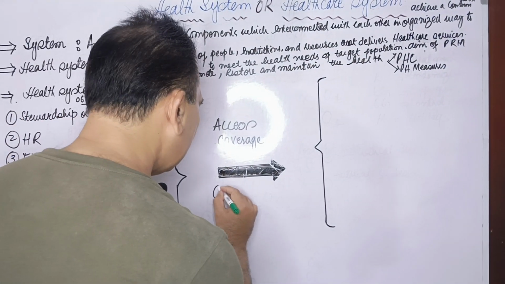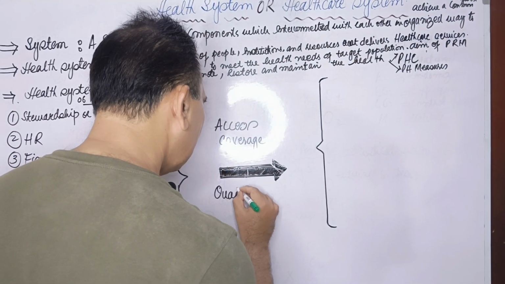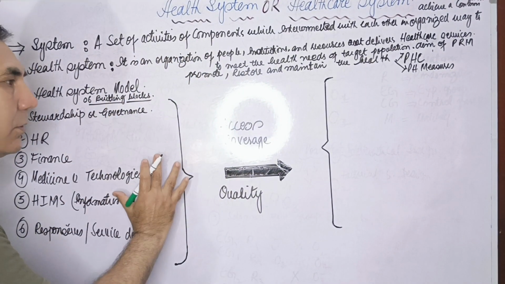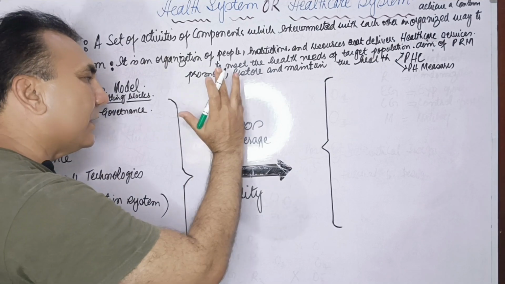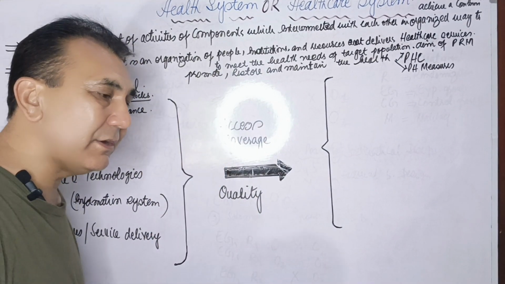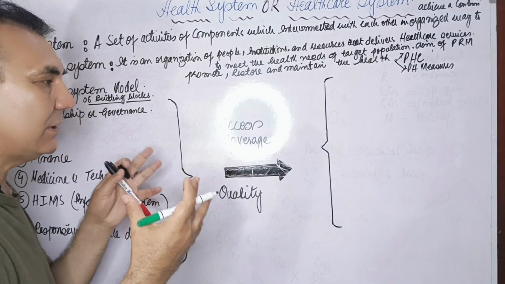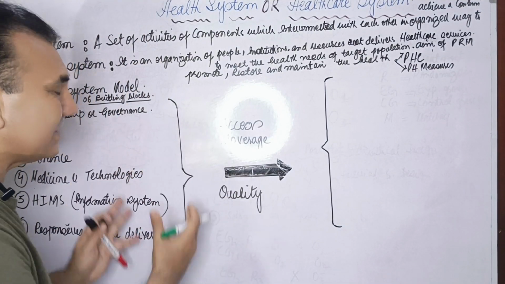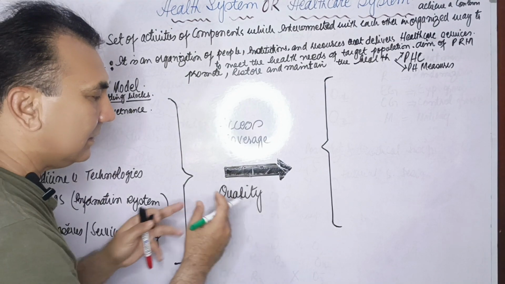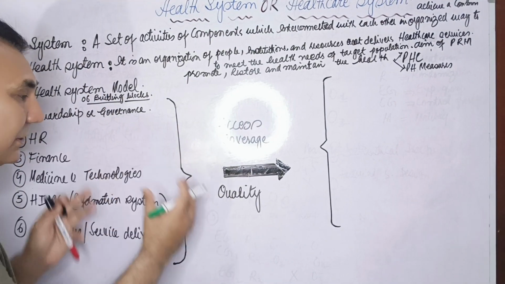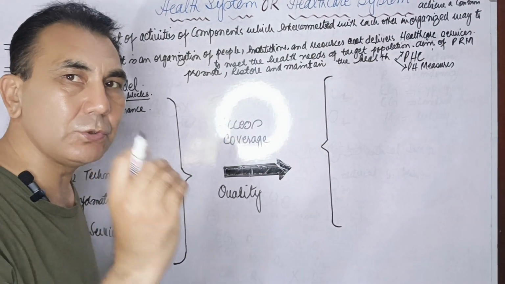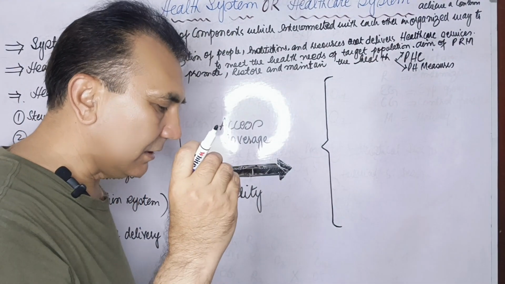The second is that they increase the coverage of the healthcare delivery services. And then it is the quality of the services; with these six building blocks, the services should be good in quality.